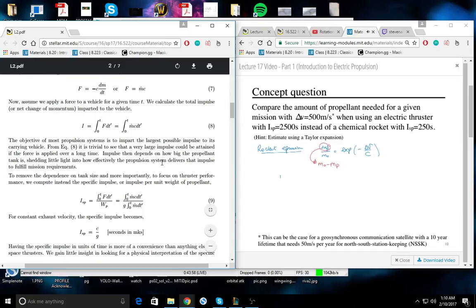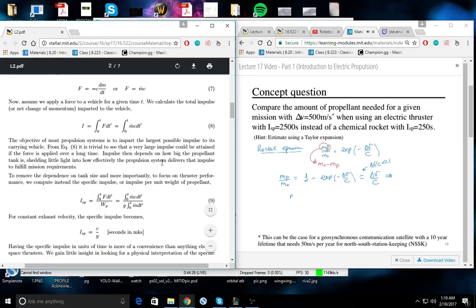So we can obtain an equation for the propellant mass, which is 1 minus the exponential of minus delta V over C. If we assume that delta V over C is much less than 1, which is definitely true for the electric propulsion system, not so much for the chemical rocket, this is equal simply to delta V over C.